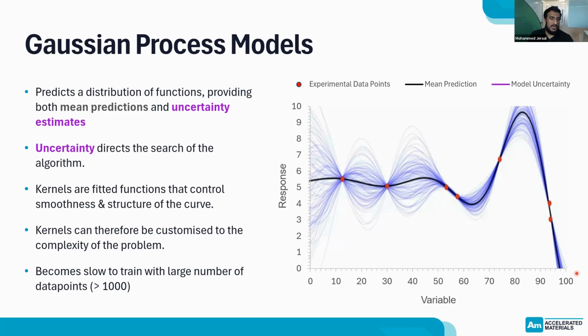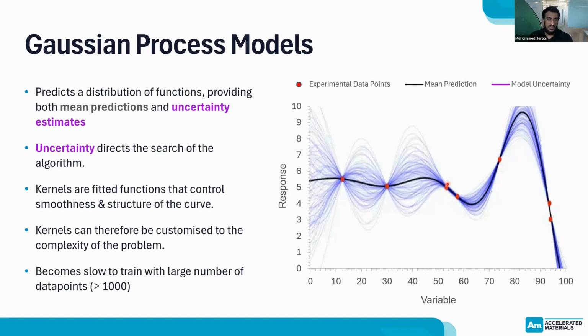The key thing to note with Gaussian process models is that we don't just fit one function. We actually have a distribution of functions at every variable value. You can see the red points are experimental points. And as we collect more experimental points, that uncertainty basically just collapses down onto itself and gives us more confidence in the predictions that we're making.